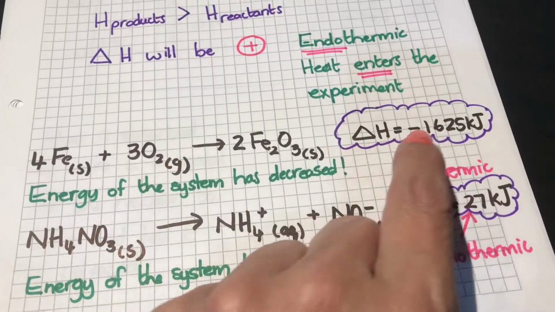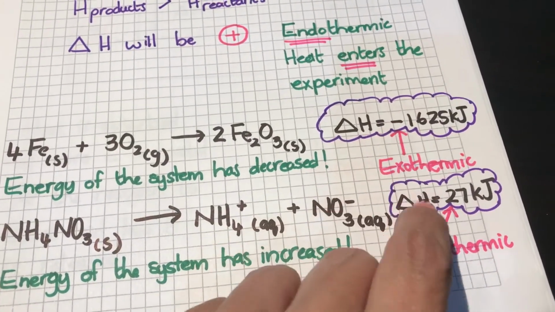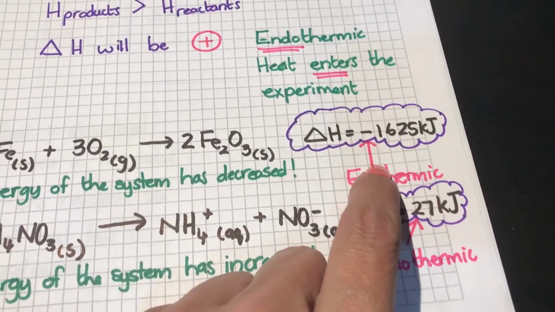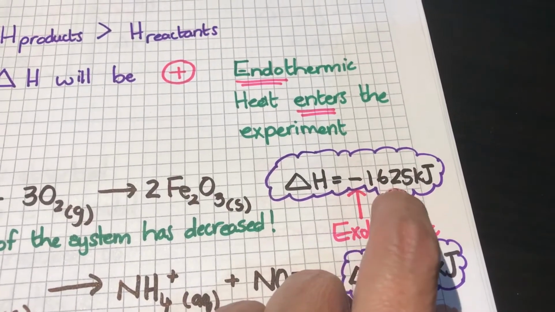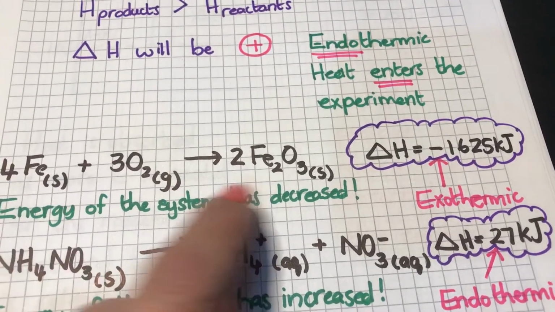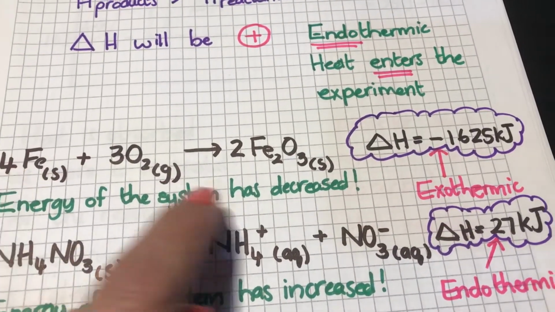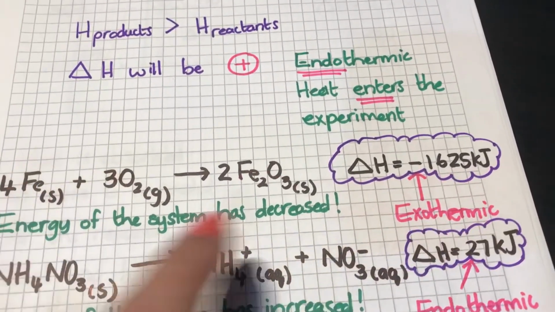So this will be the combustion value for iron. The meaning of this is the negative means it's an exothermic reaction, and then because this value here, 1625 kilojoules, that is the amount of energy that is given off if iron is burned in oxygen. So that is for 1 mole of iron.